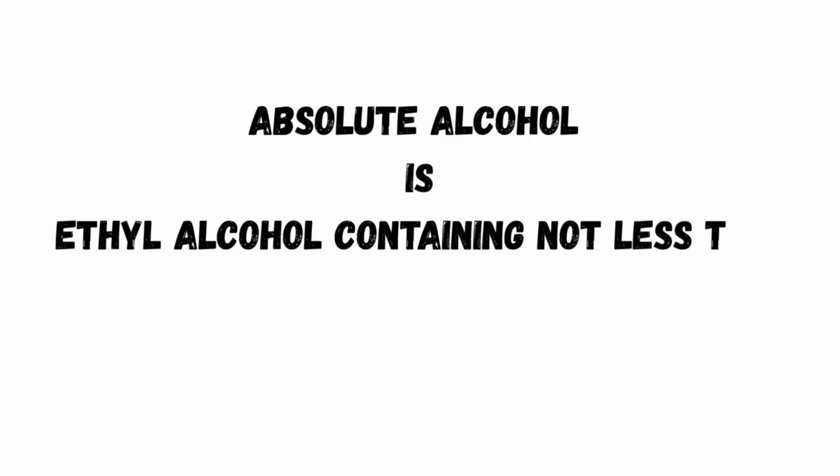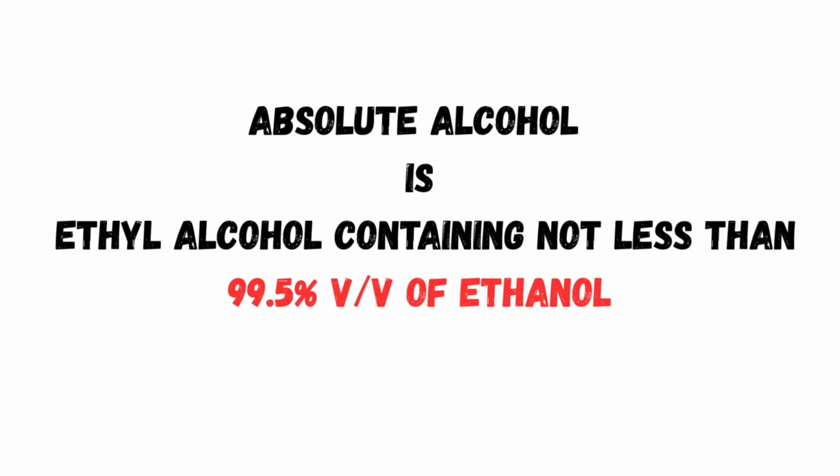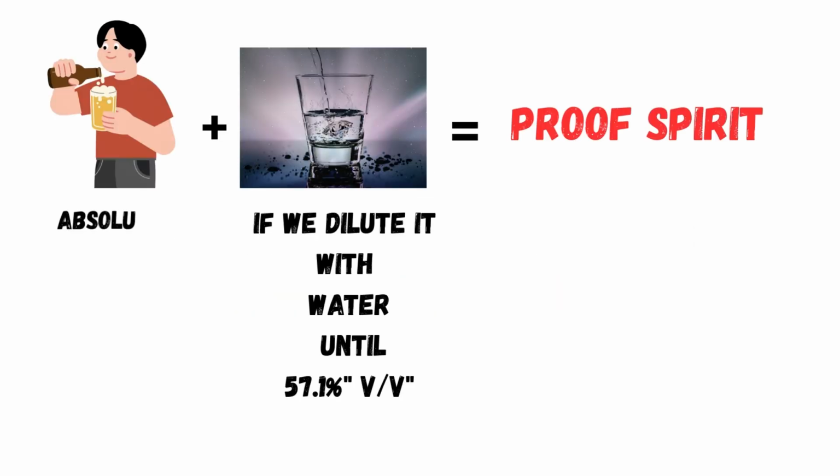What is absolute alcohol? Absolute alcohol is ethyl alcohol containing not less than 99.5% volume by volume of ethanol. Basically ethyl alcohol in simple terms, 99.5% pure alcohol. It does not contain any kind of water.